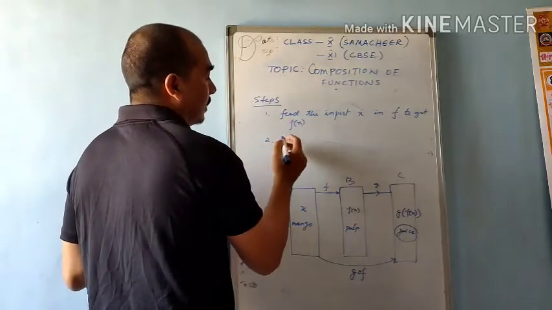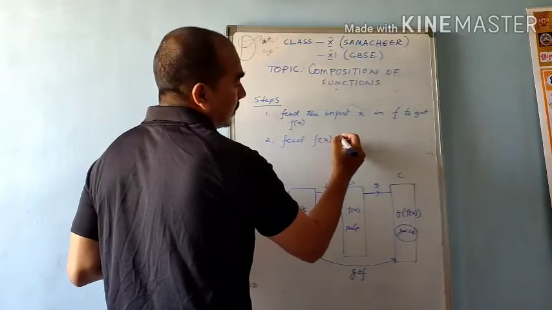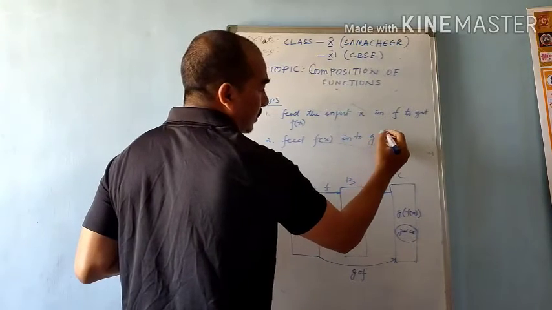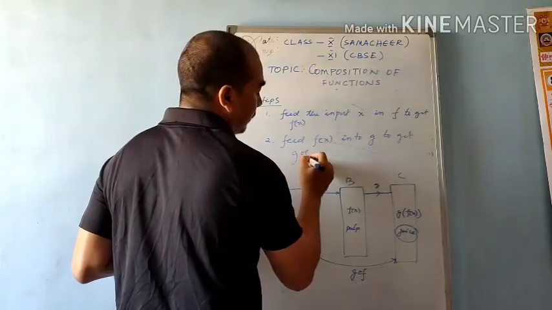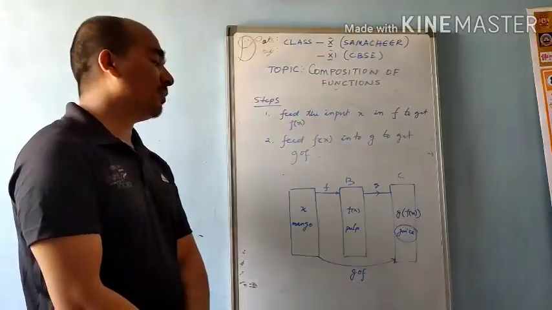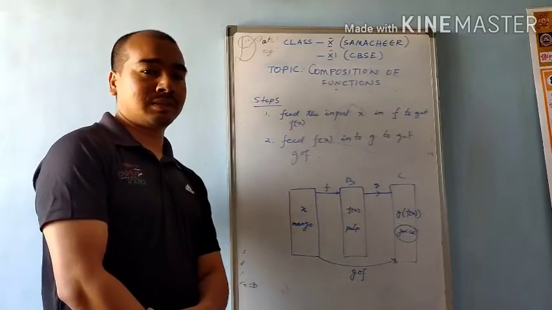Then feed this f of x again into g to get g of f of x. Okay, so these are the two steps to be followed to find the composition of any two functions.